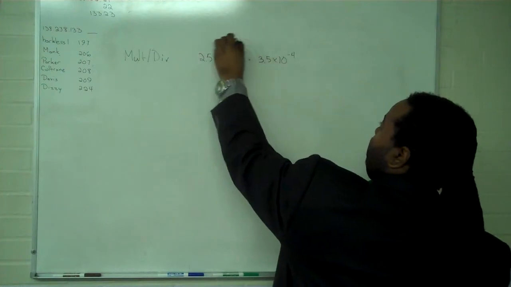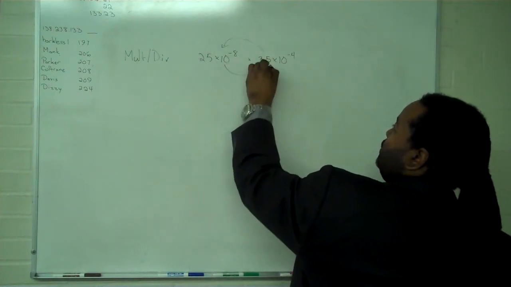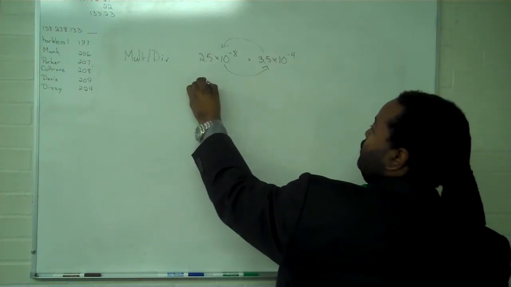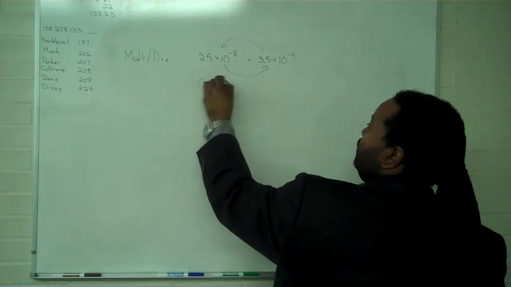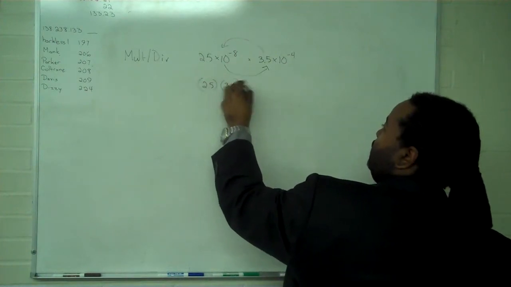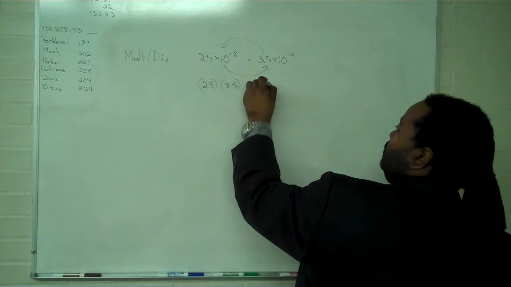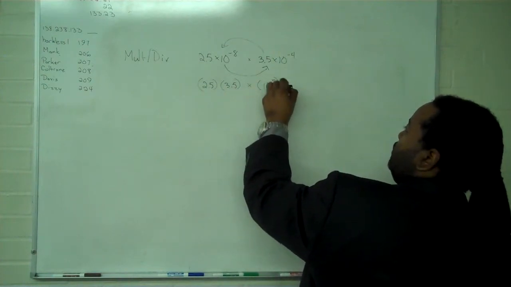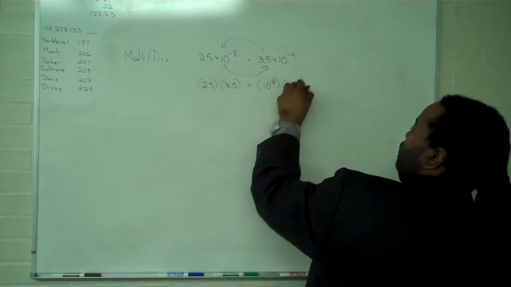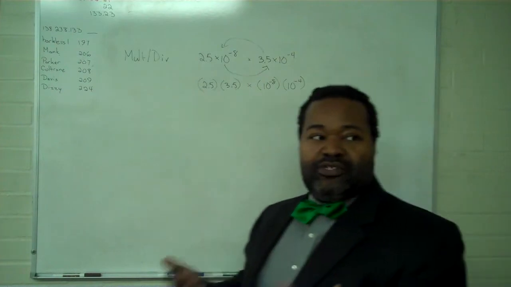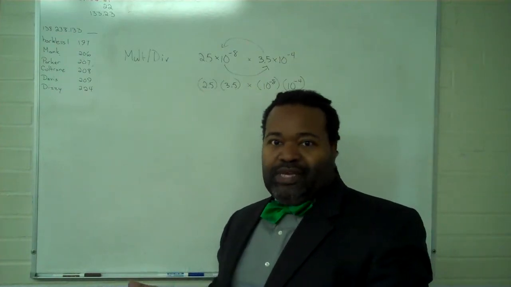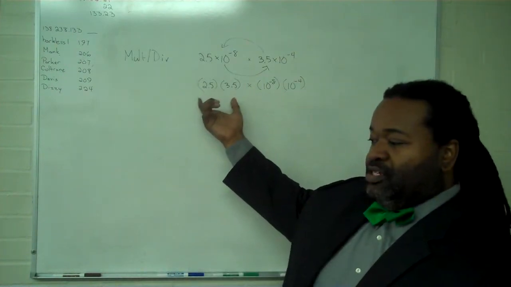So I'm going to take 3.5 and put it here, 10 to the minus 8 and put it here. This gives me 2.5 times 3.5, and that will multiply 10 to the negative 8 and 10 to the negative 4. This regrouping allows me to use a basic calculator to perform this function.